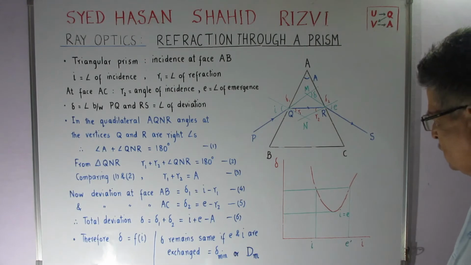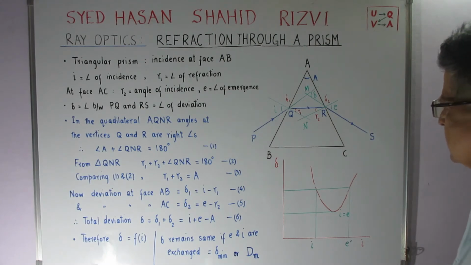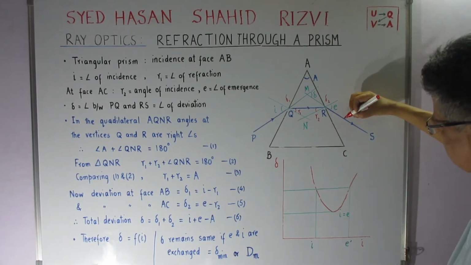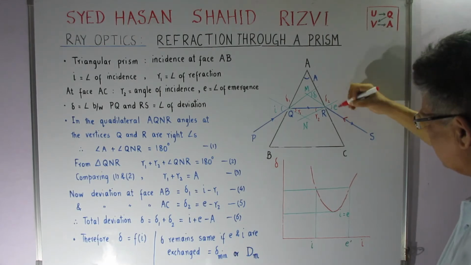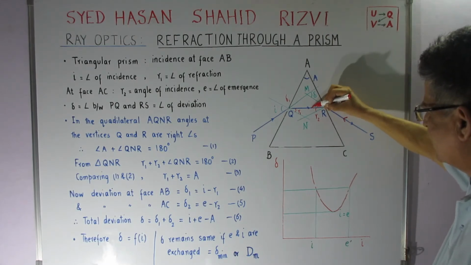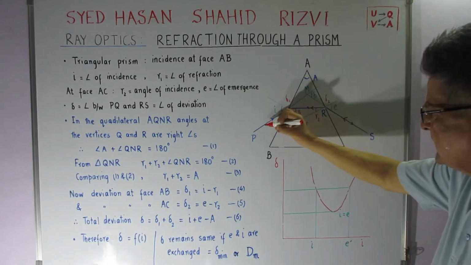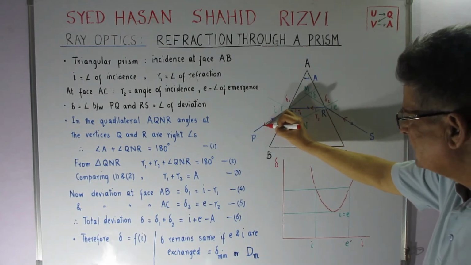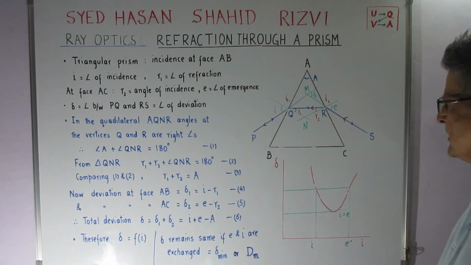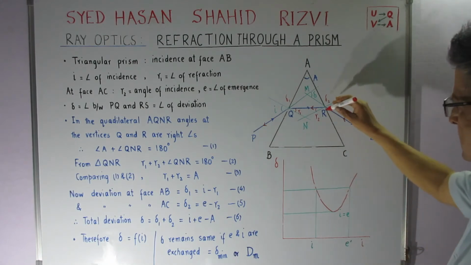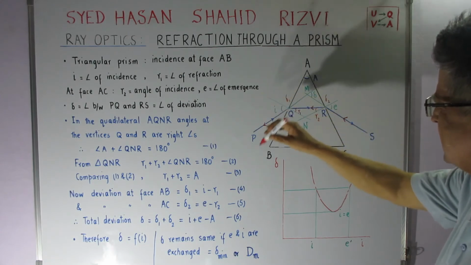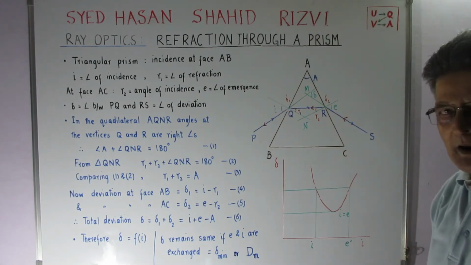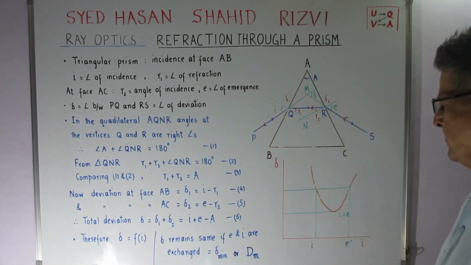So it means that if I trace back, then the ray of light will become such that the angle of incidence becomes equal to the angle of emergence. This angle becomes equal to R1 and this R2, and then delta. So you can see that.